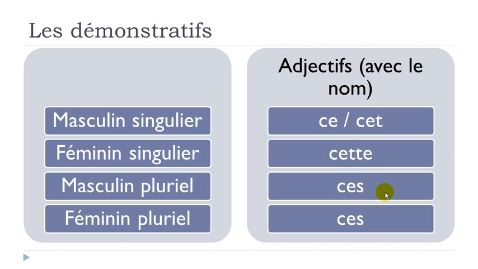Okay, and then feminine plural, good news, it's the same. So we've got one form here, ce, and the option cet when you've got a noun starting with a vowel after, and then cette, feminine form, and for the plural you've got only one form, okay, and it's ces.